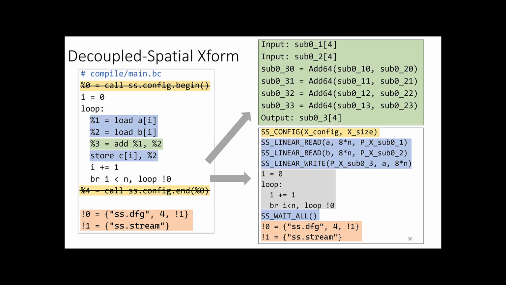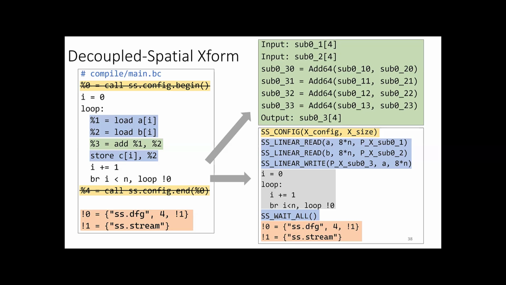And the configuration intrinsics will be removed and replaced by configuration intrinsics. As you can see, for these blue regions, the indices of the memory accesses are analyzed by LLVM's SCEV scalar evolution module to encode them in the intrinsics.